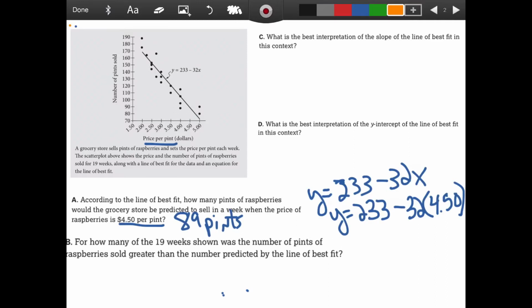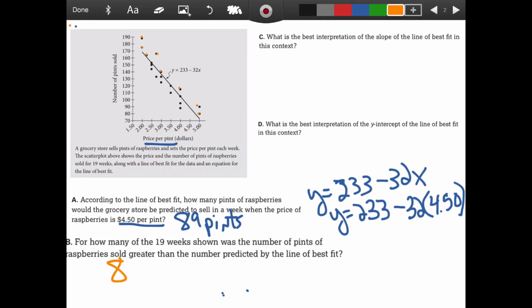So if I count 1, 2, 3, 4, 5, 6, 7, 8, the answer would be 8. Out of these 19 points, 8 of them are above the line of best fit.